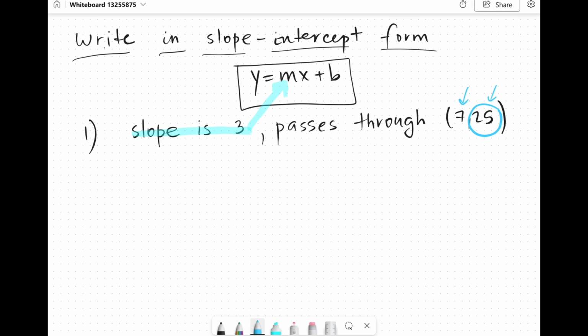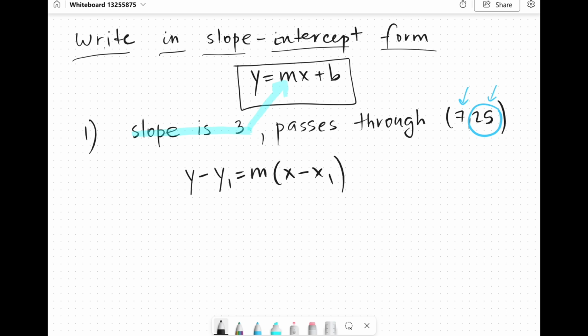To write the equation in slope-intercept form, we are not ready just yet. We have to use a different form and then rearrange it to make it look like y equals mx plus b. So the form that we will use is the one we're familiar with. It's the point slope form.